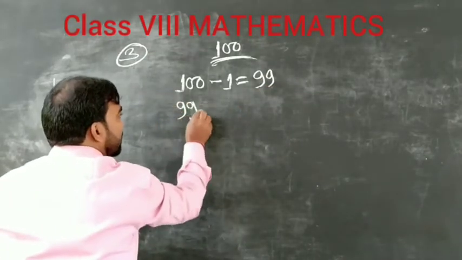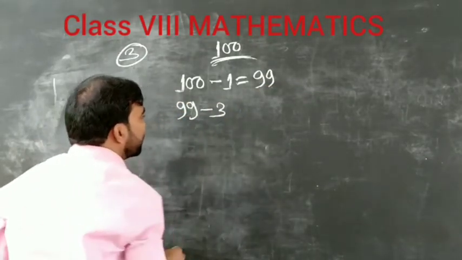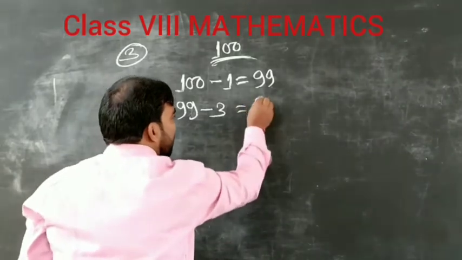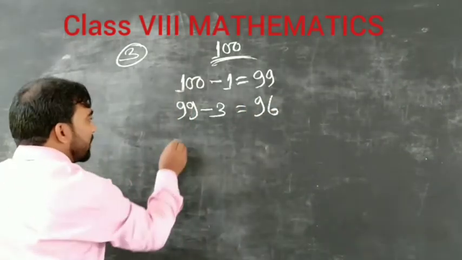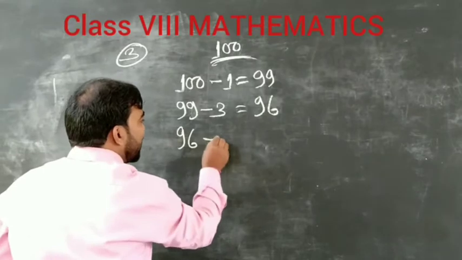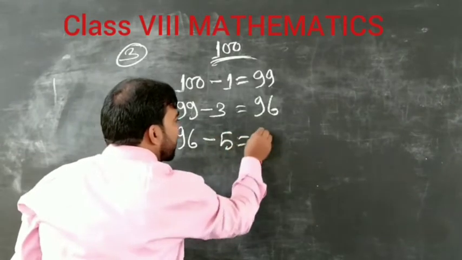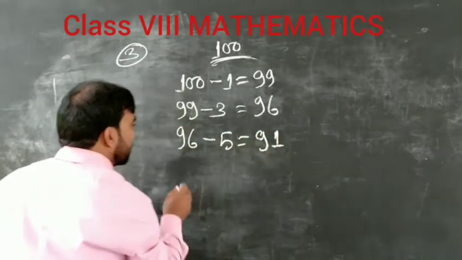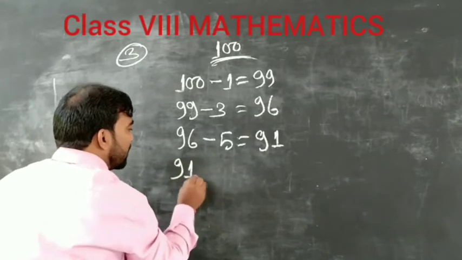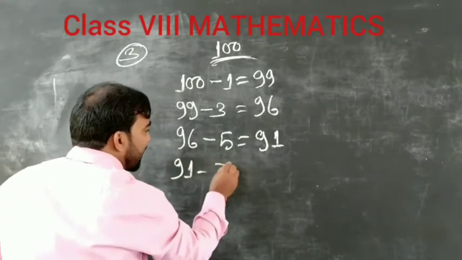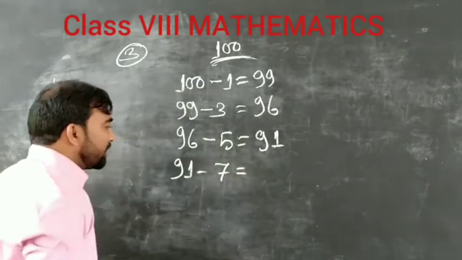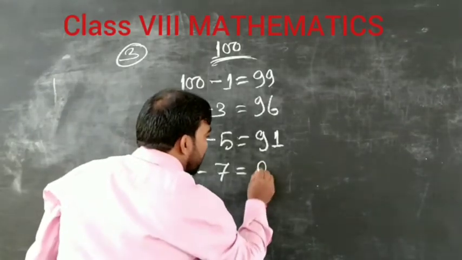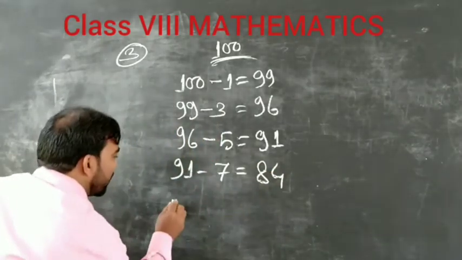Then 99 minus 3, we are getting 96. Then 96 minus 5, we are getting 91. 91 minus 7, we are getting 84.